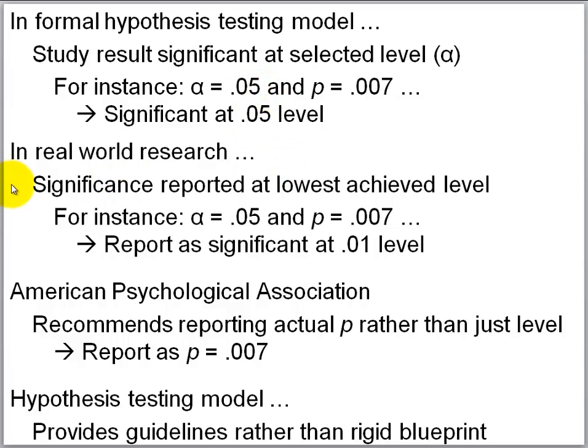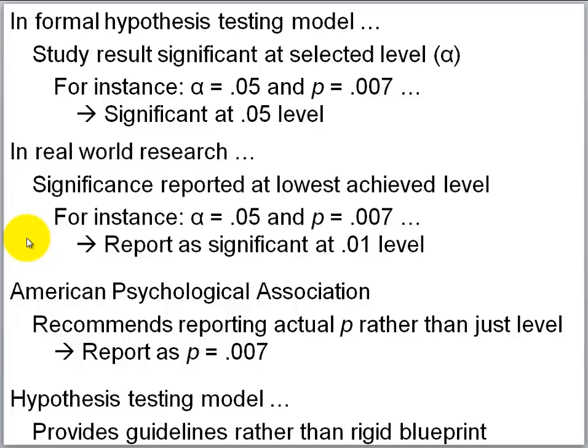Now, in real-world research, things are not that formal. That just isn't the commonly followed practice. In real-world research, significance is reported at the lowest achieved level. So, for instance, were you to select the 0.05 level and your p-value came out to be 0.007, you would go ahead and report that result as significant at the 0.01 level.